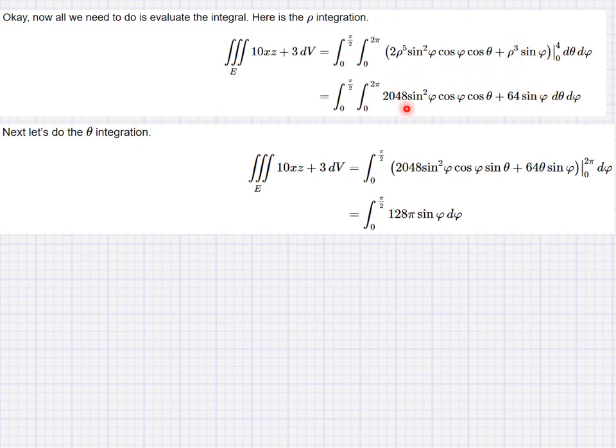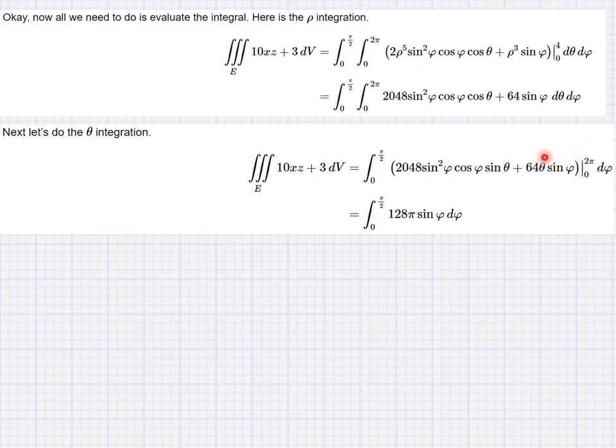Now the next is to integrate this with respect to theta. This is the only term that has a theta in it, so all this is one big constant multiple. So that times the integral of cosine theta, which is sine theta. And then this is just one big constant, times theta. So 64 theta, then sine phi. So plug in 2 pi for theta here and here.